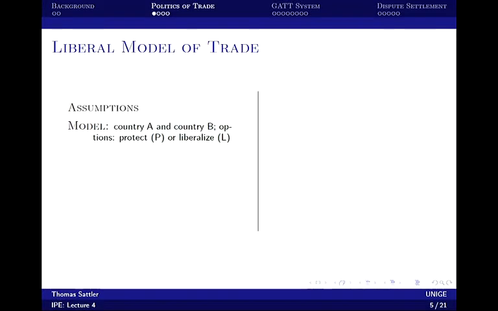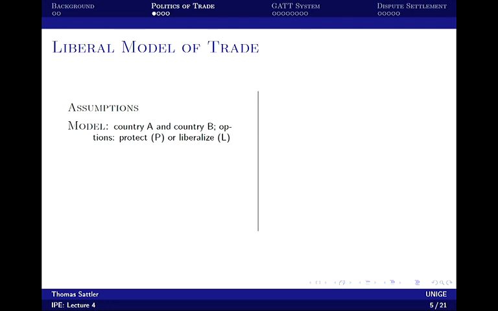So let's work through this. Let's start again from the liberal model of trade to see what we need to change from the economic model. Now we're going to construct a very simple game theoretic model that reflects the situation described by the economic models.